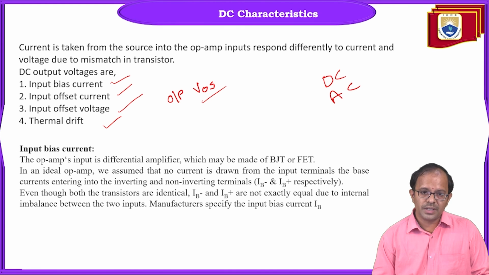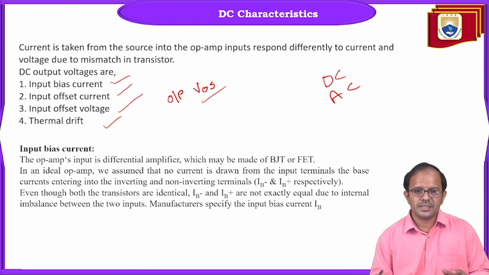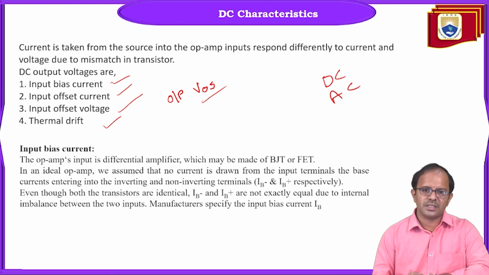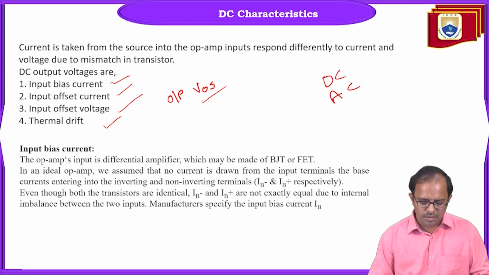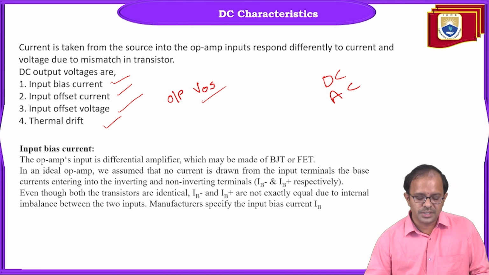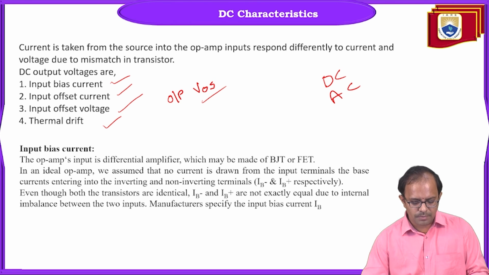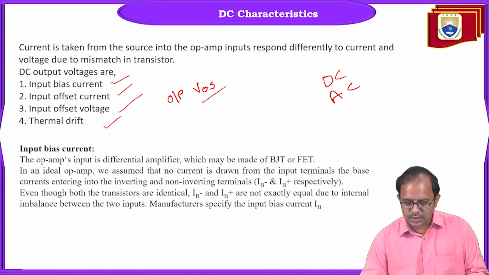The transistors used to design the differential amplifier can be BJT or FET. In an ideal op-amp, we assume that no current is drawn from the input terminals. These are the base currents entering the inverting and non-inverting terminals.